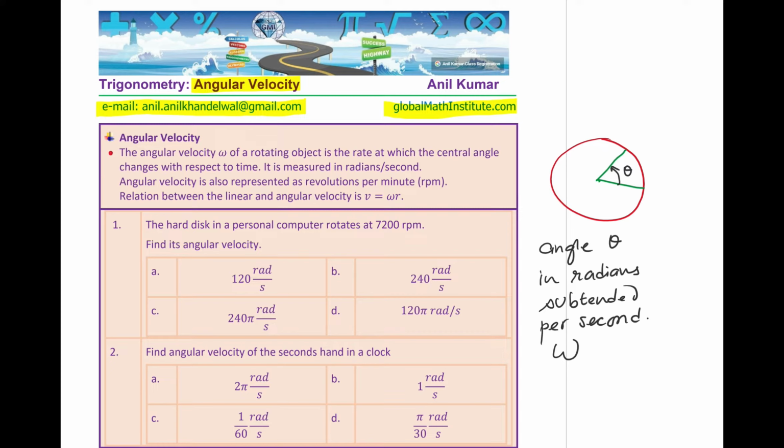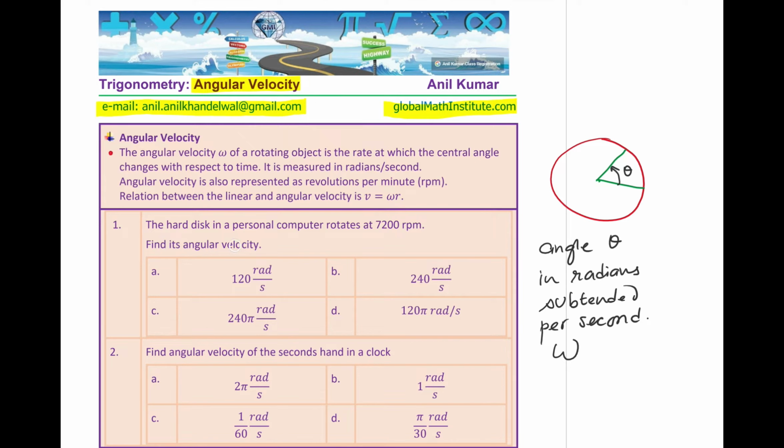Now, based on this, we have 5 questions as you can see. The very first question here is, the hard disk in a personal computer rotates at 7200 rpm, revolutions per minute. Find its angular velocity.